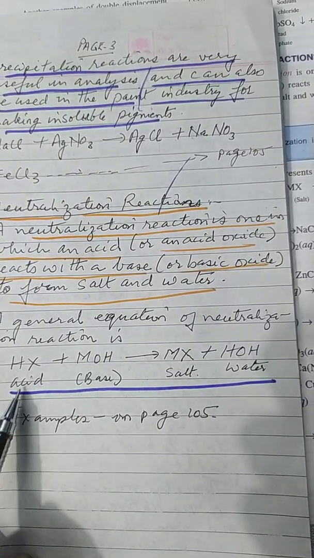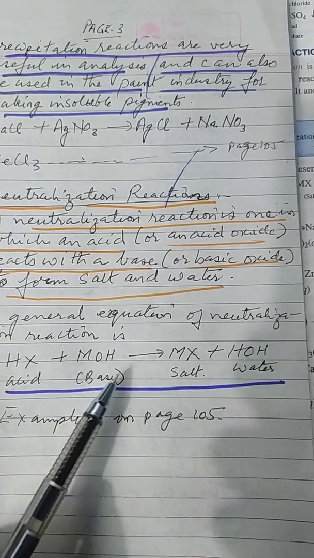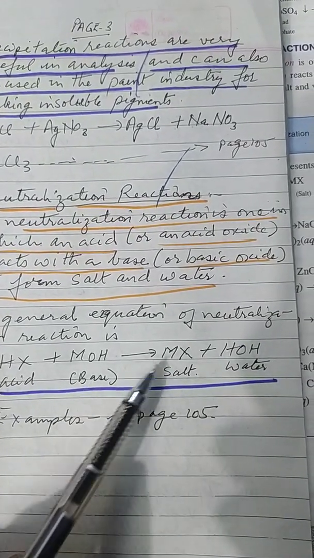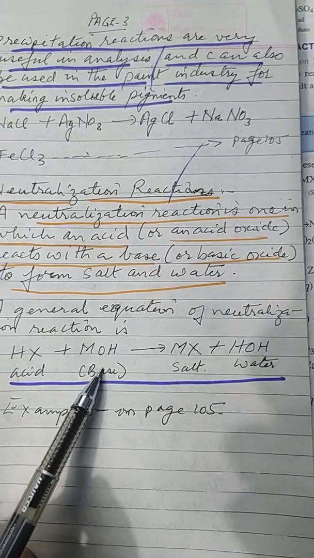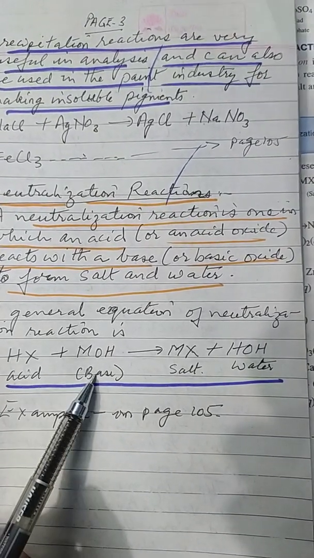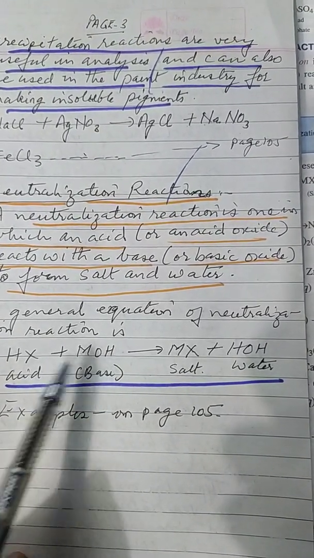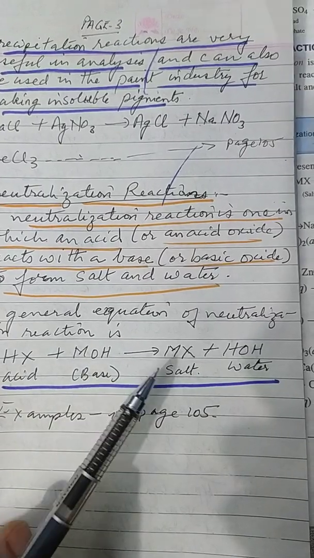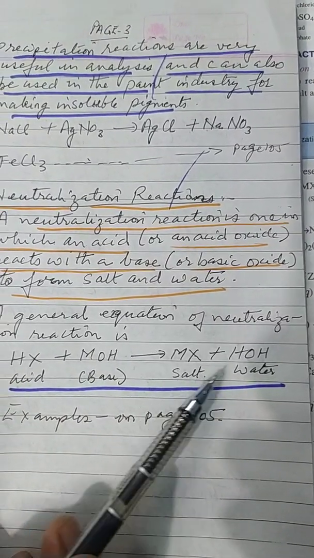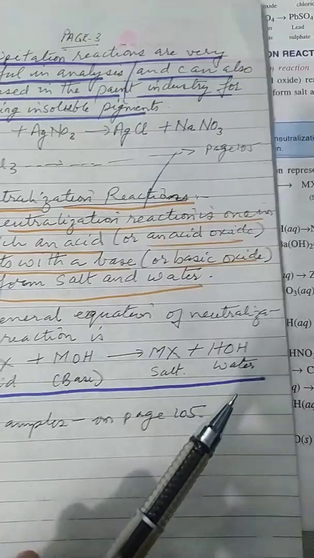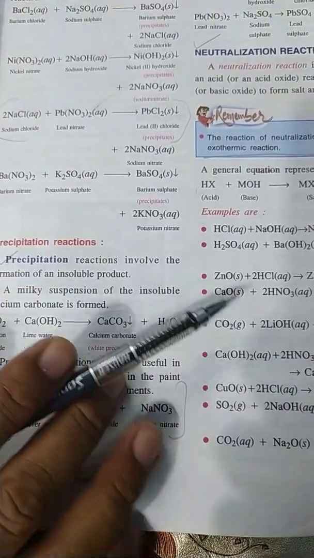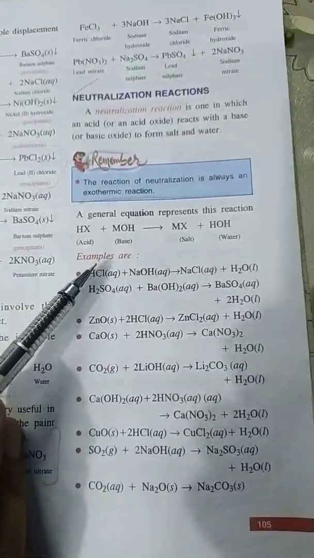So this is a base. When acid and base combine, children, what do they give? Let us revise again. The neutralization reaction happens between acid and base. Both acid and base neutralize each other, forming what, children? Salt and water.